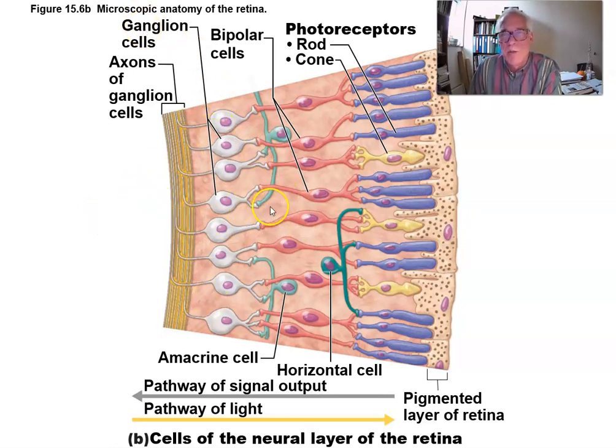And then the photons pass by another relatively transparent layer of bipolar neurons, these pink-colored neurons, and then finally will be absorbed potentially by the photoreceptors. They're in the outer of the three layers of cells in the retina. And that's where the actual photon transduction happens.